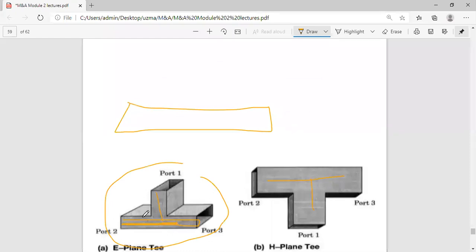It is one waveguide, and above that one more arm is attached. So this is one type of waveguide. This structure is different from this structure, because here, just look at the structure. Here, according to the width, we have attached the third arm. Here this attachment is different.